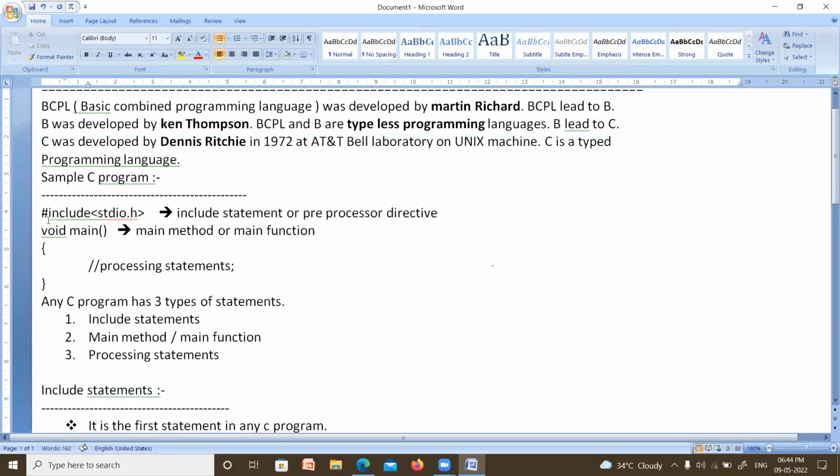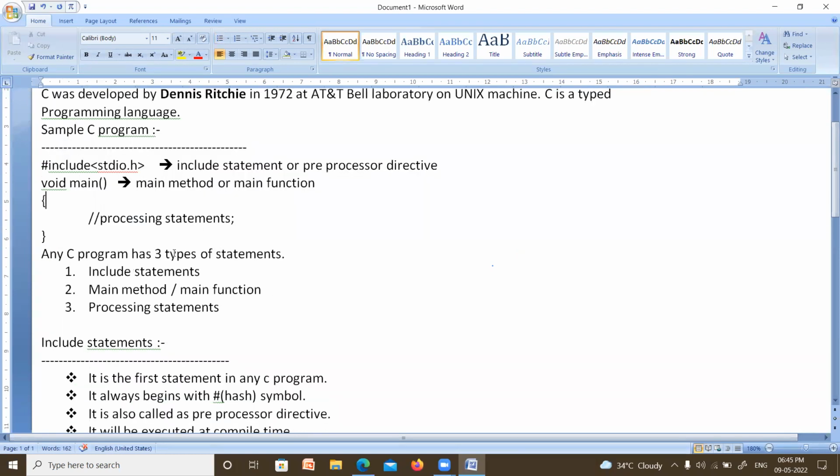Now why do we have to use this line here? What is the use of hash include stdio.h? Suppose I need a tablet. Where will it be available? It will be available in a medical shop. Suppose I want to do a function at my home. I need so many tables, chairs, tents. From where can I bring them? From a tent house.